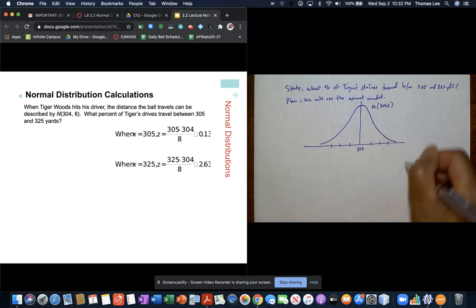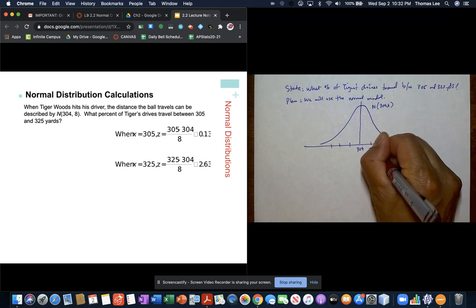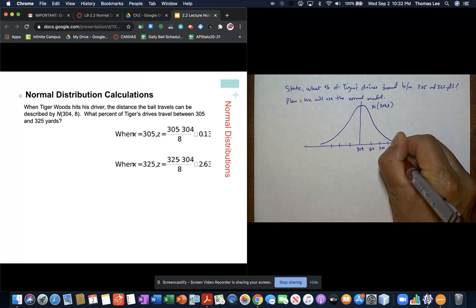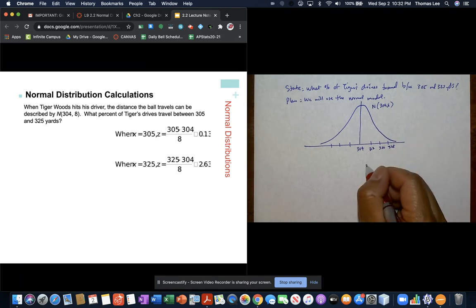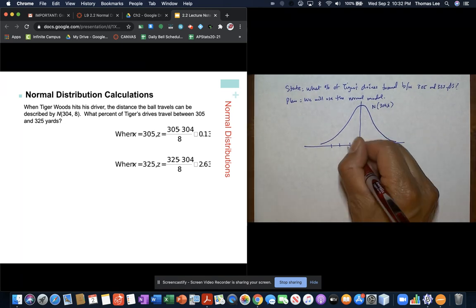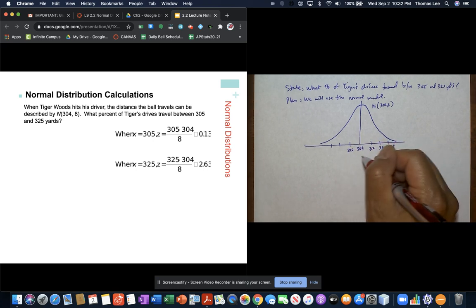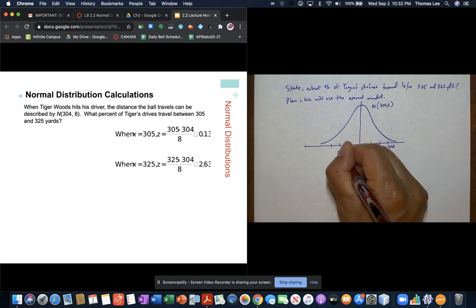So 304 plus 8 is 312, 320, 328, and minus 8, 296, 288, 280.